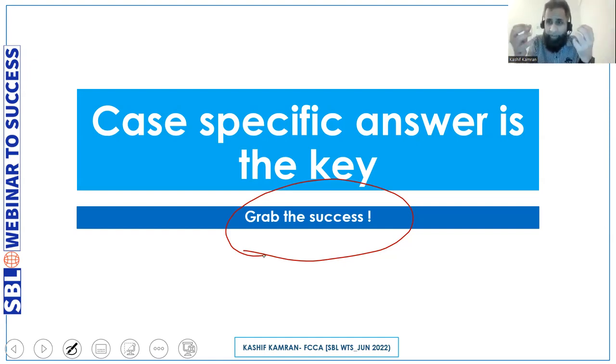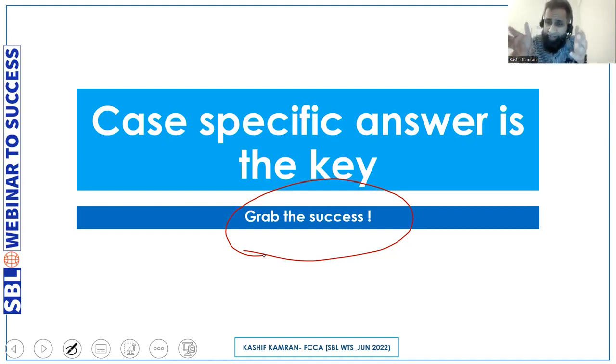If the environment of the organization given in the case study, or the challenges, the issues, the problems, the press release, the negative media criticism given in the case study is not utilized in your answer, and your answer is 75%, 80% generic, and only 10 to 15% linked with the case study, you're heading towards failure.